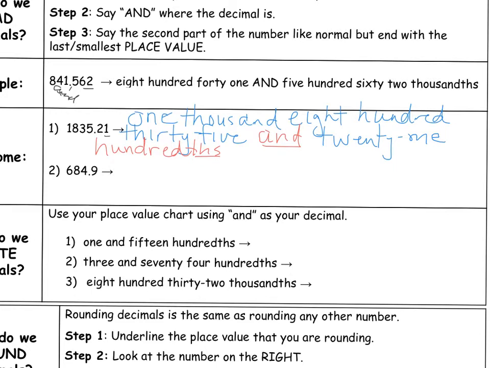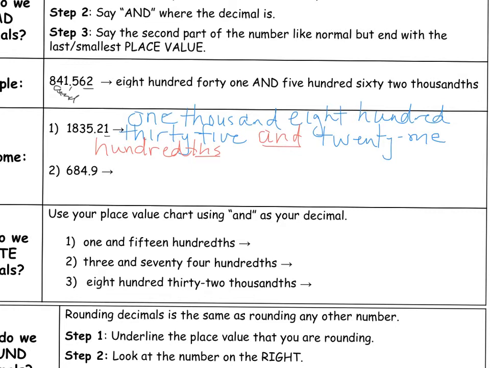Okay? So it would be, again, 1,835 and 21 hundredths.